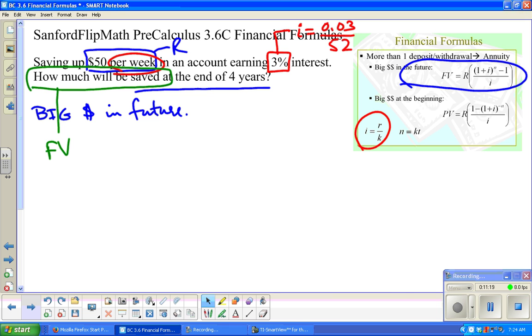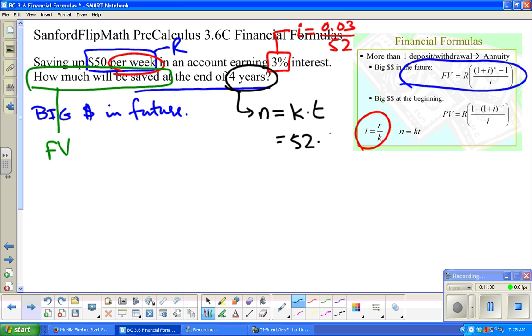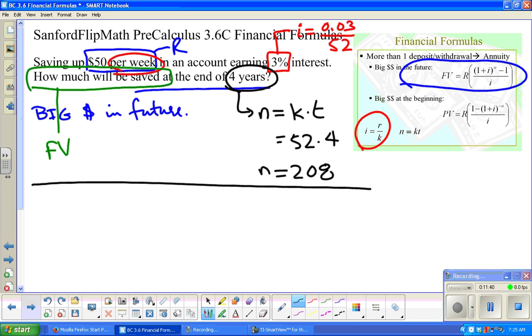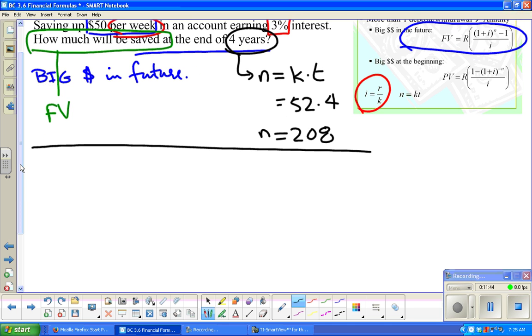And then 4 years, well, N is K times T. We're making weekly payments for 4 years. So this is going to be 208 for N. All right, well, isn't that exciting? We have to have formulas to figure out the variables for our formulas. Well, welcome to PreCalculus. All right, so here we go.